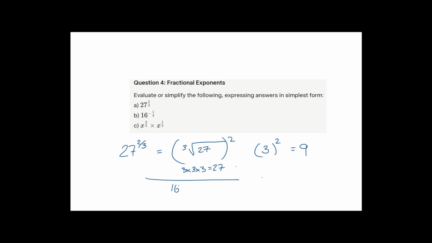All right, 16 to the power of negative a quarter. Ooh. Right, well, how are we going to do that? Well, it's negative 1, so it's going to be 16 to the power of negative 1, and then it's going to be the 4th root of that.